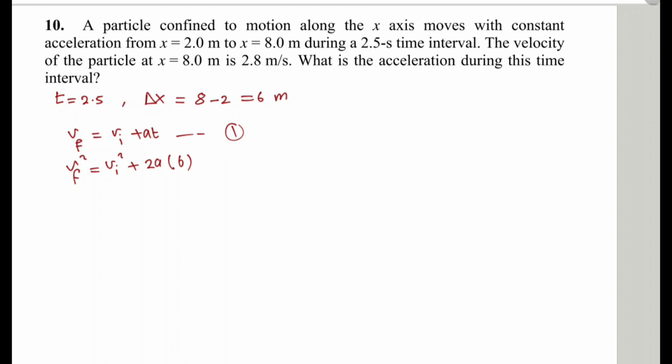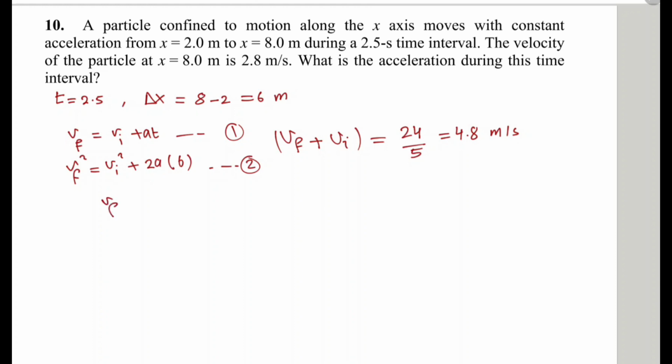Delta x in this case is equal to 6, and this is equation number 2. Now V final plus V initial equal to 24 over 5, or 4.8 meters per second.